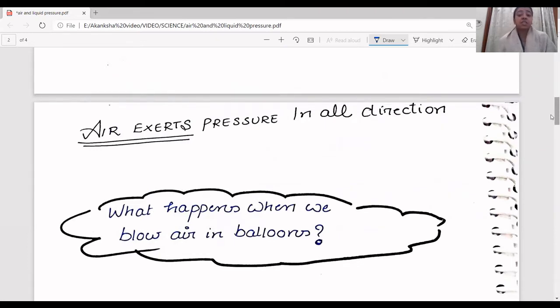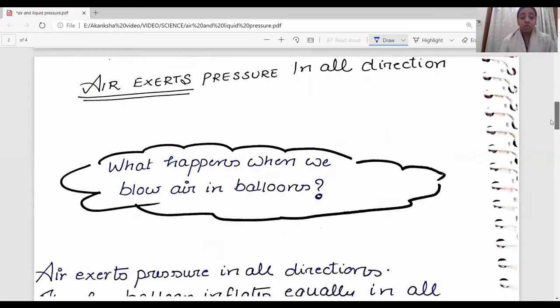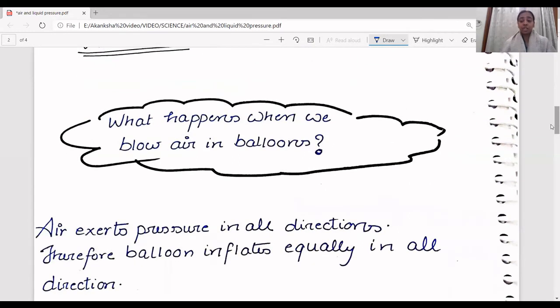Now air exerts pressure in all directions, right? So what happens when you try to fill air in a balloon? Now the balloon is equally inflating, right? So air exerts pressure in all directions. Therefore, the balloon inflates equally in all directions.